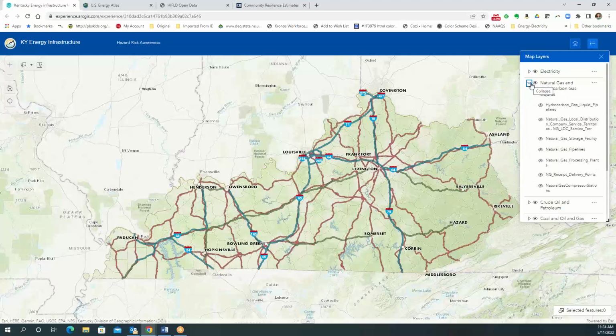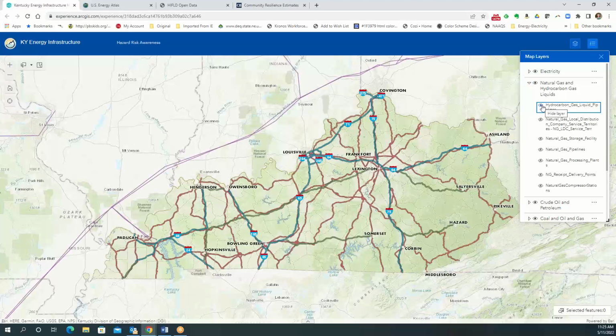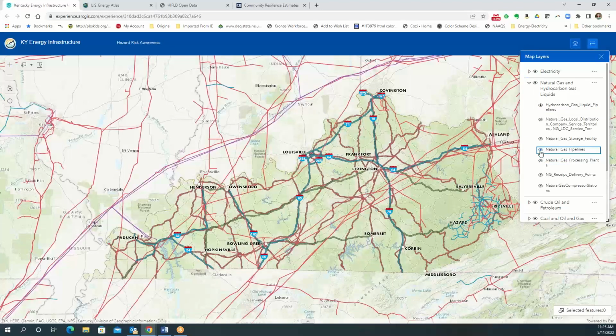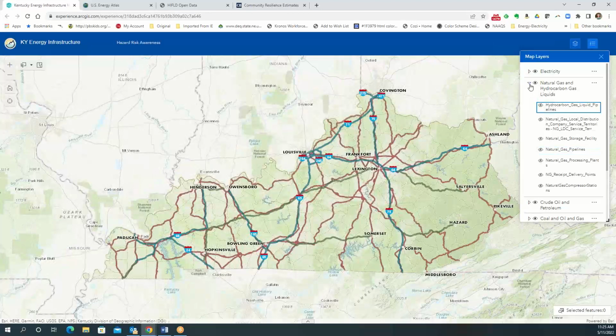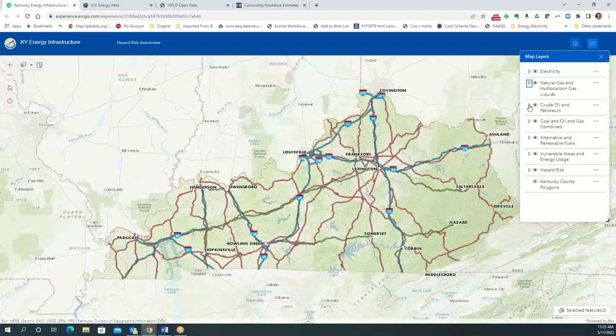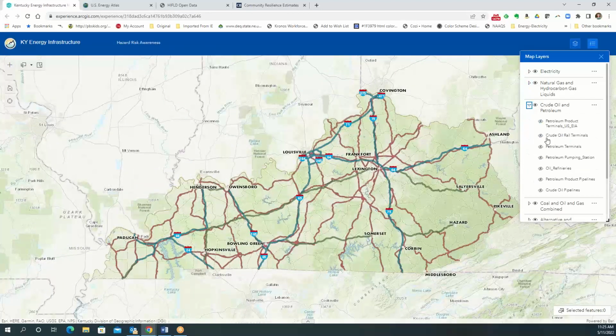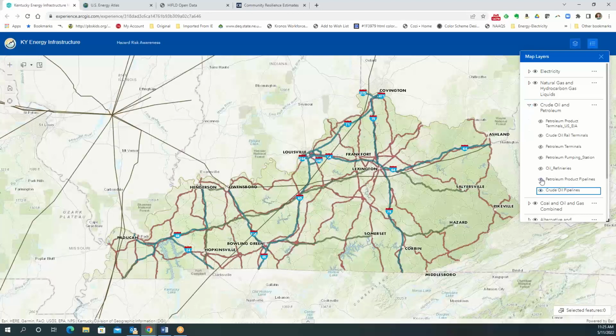Similarly, on natural gas, hydrocarbon gas pipelines, our natural gas pipelines come in as well when we want to visualize those. Moving on to crude oil and petroleum, we have terminals, pumping stations, our refineries, petroleum product pipelines, and our crude oil pipelines, just to give you an example.